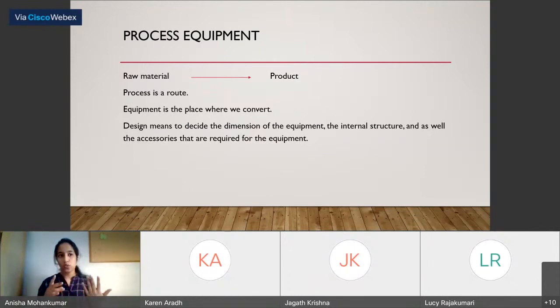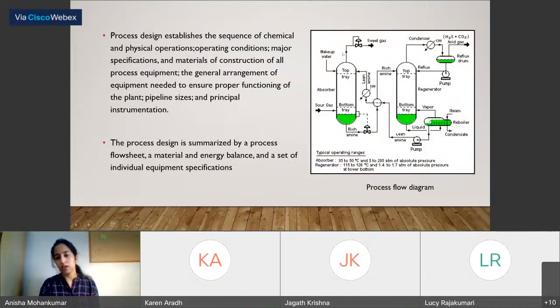It's not just one or two equipment you design for one plant or one process. For example, take an ammonia synthesis process. It's not just one absorber or one regenerator that is used for a single process. Everything depends on the size of the process, or the amount of product that is to be generated.